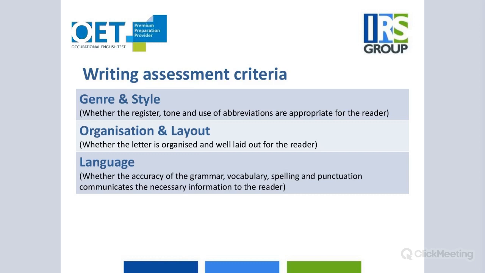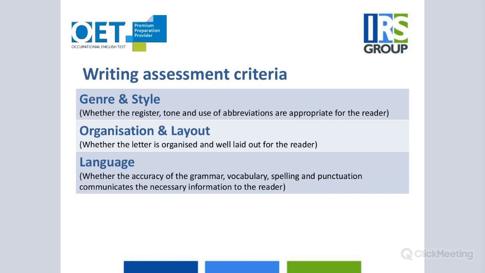Don't talk about his past history unless it is very necessary. So organization and layout again depends upon the reader who is reading. For example, you need to place each content in each paragraph, so the reader has a better understanding of what you're going to say.